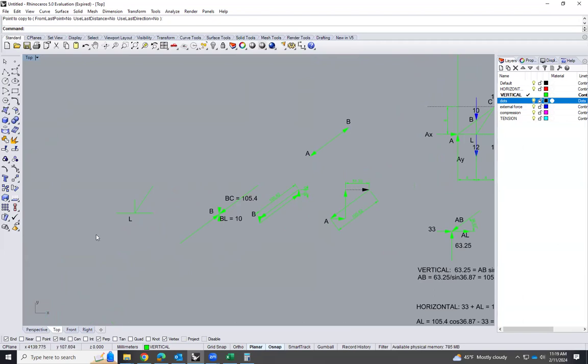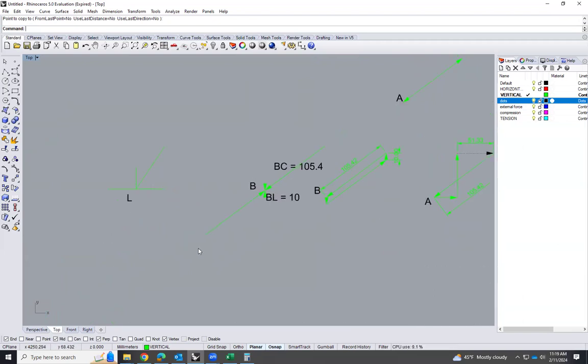So at point L, what do I have? I have AL going in this direction.